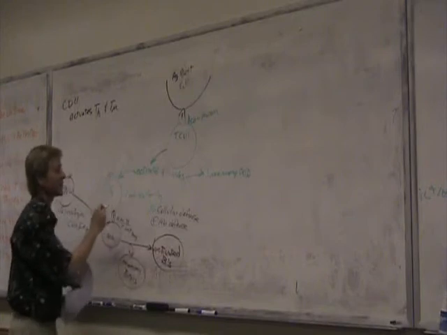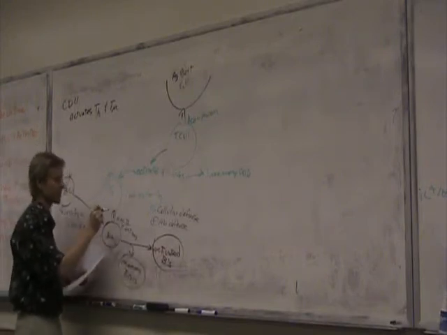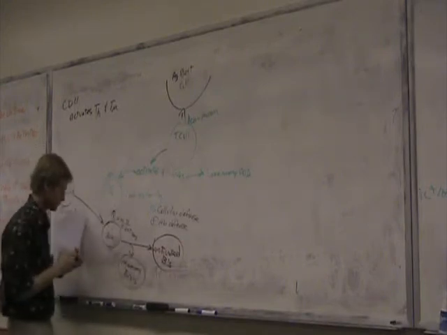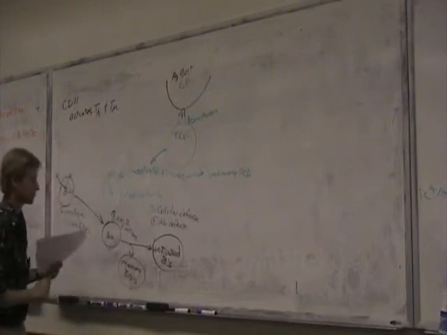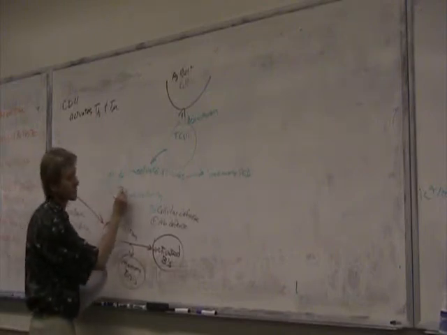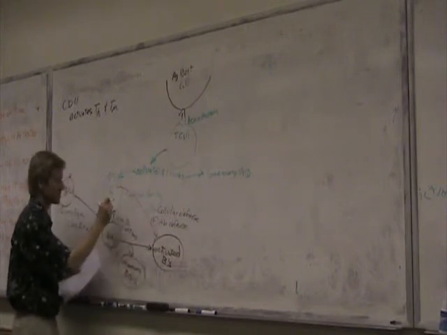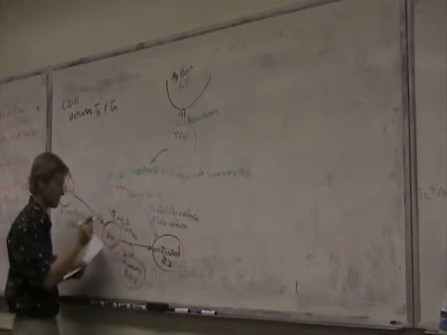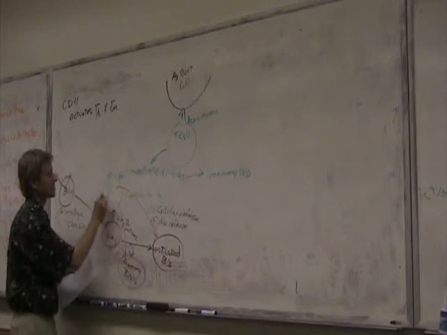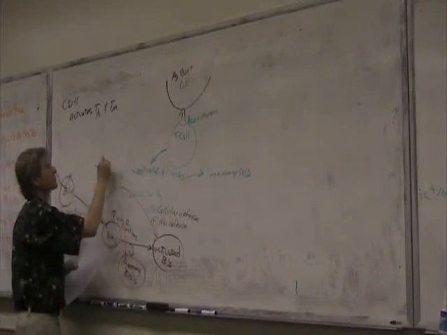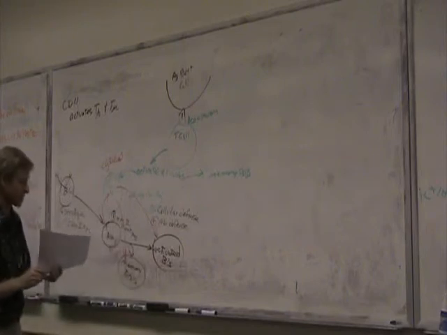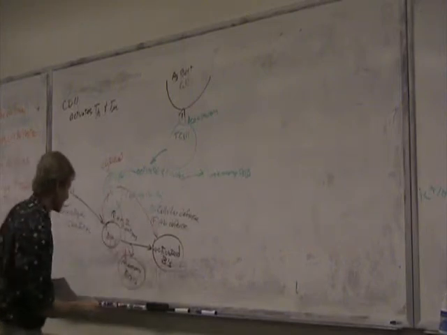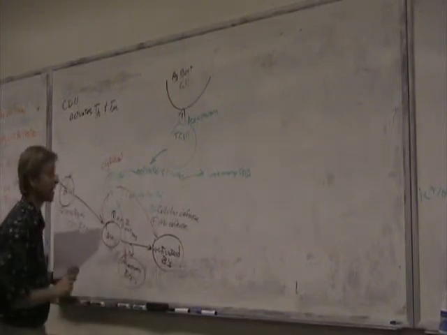The T helper isn't done helping. It secretes cytokines. So it's secreting cytokines and secreting cytokines down here. Secretes cytokines to this guy, okay? And it stimulates the activated Bs to become plasma cells.